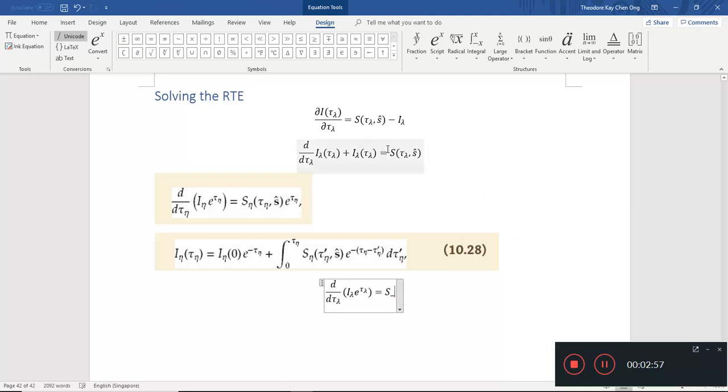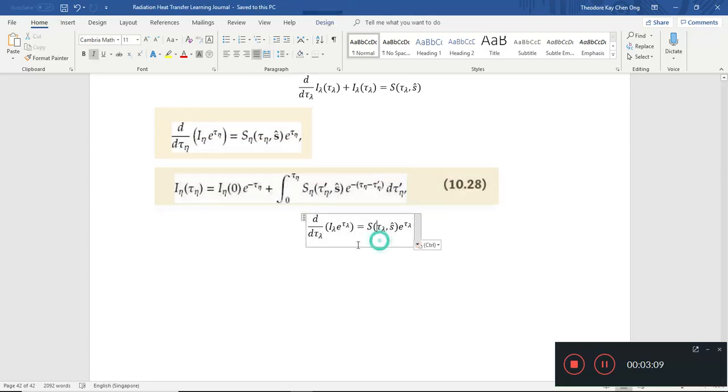So I'm just going to copy this over, and copy the exponential over. Remember what we are talking about here. This is the intensity, this is the integrating factor, which is the exponential of tau lambda. This is the source term, which, again, is the in-scattering term and the emission term combined together, and this is again the integrating factor.